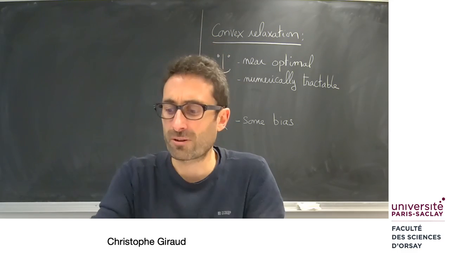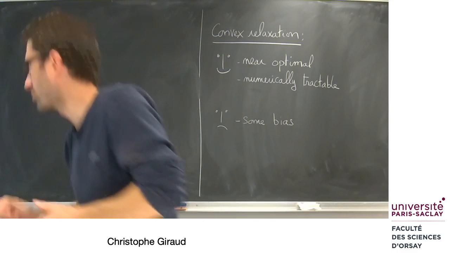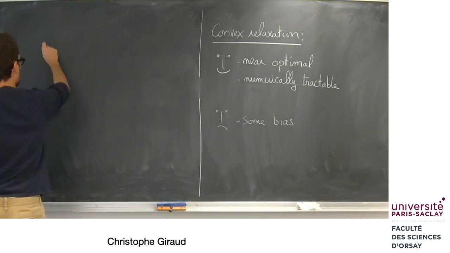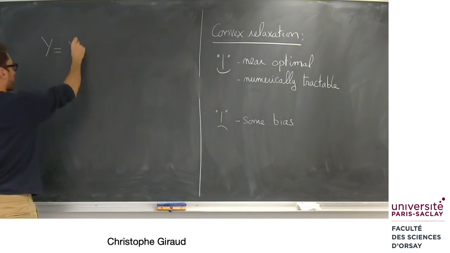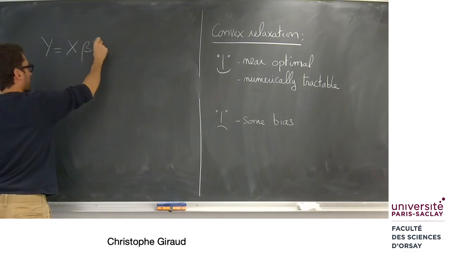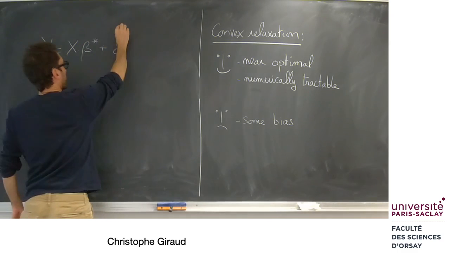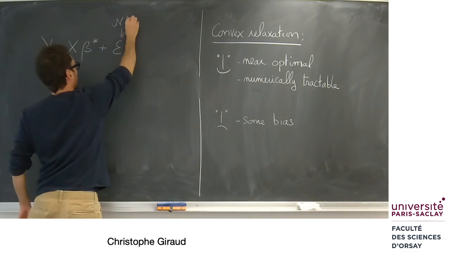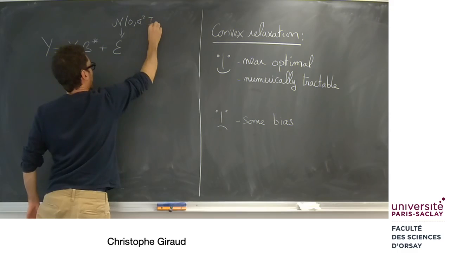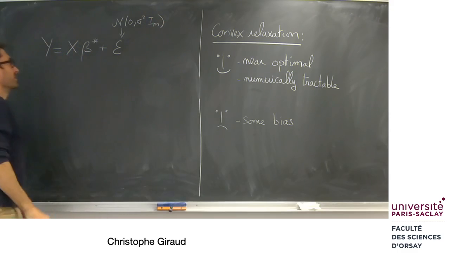So I'll remind you very briefly what a group sparse regression is. We look at the regression model as usual. I will assume again that this noise distribution has covariance sigma squared identity.